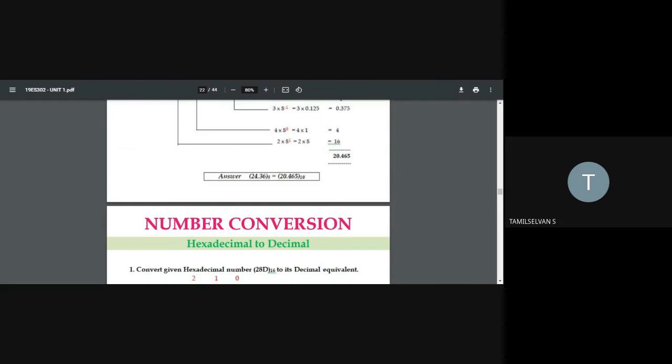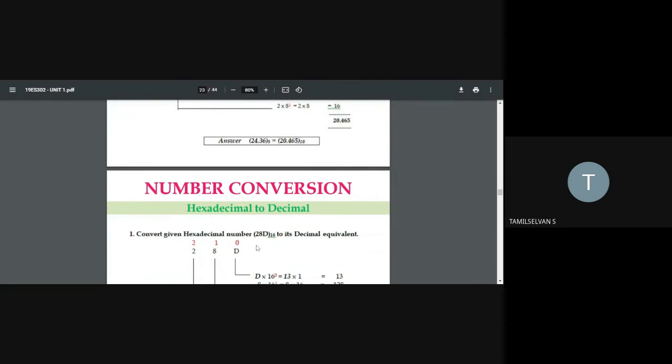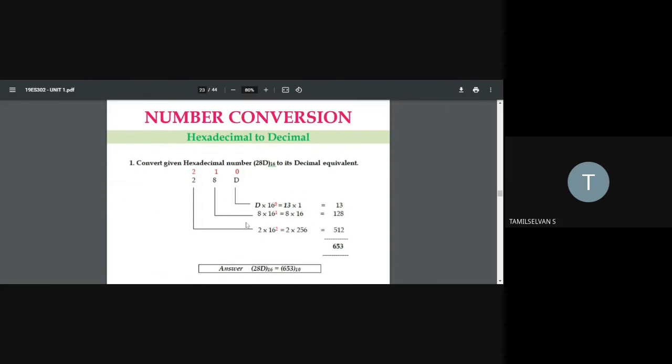So there is a conversion between hexadecimal to decimal number system. Because the hexadecimal base is 16, I take the 16 exponent value. So for 28D to the base 16, D into 16 power 0, where 13 is the equivalent value for D.